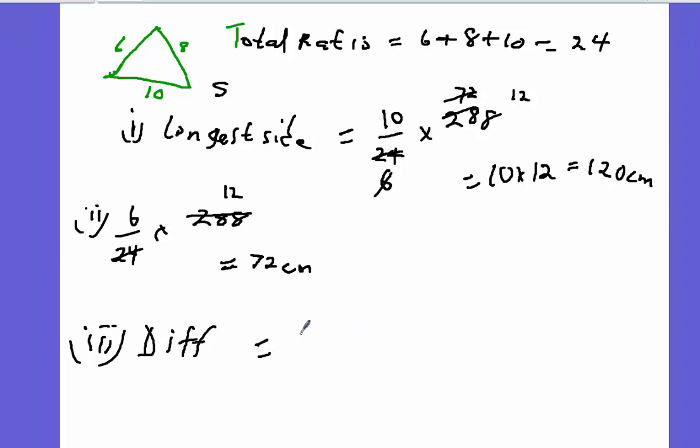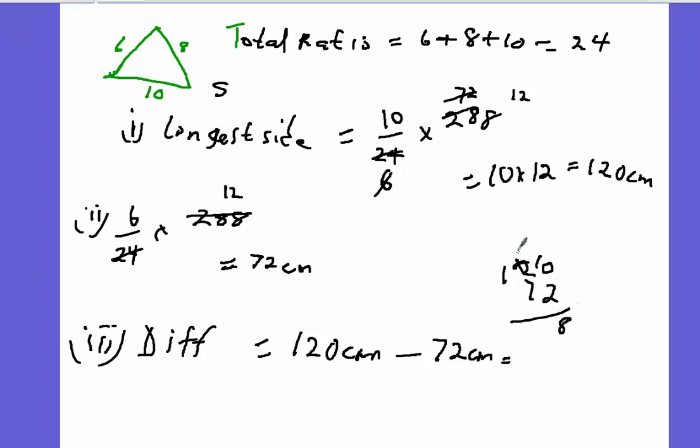So the longest side was 120 centimeters, then minus 72 centimeters. Okay, so you can do your normal subtraction if you think it's difficult to go straight up. So 120 minus 72: borrow one here, that's 10, therefore this is 8.